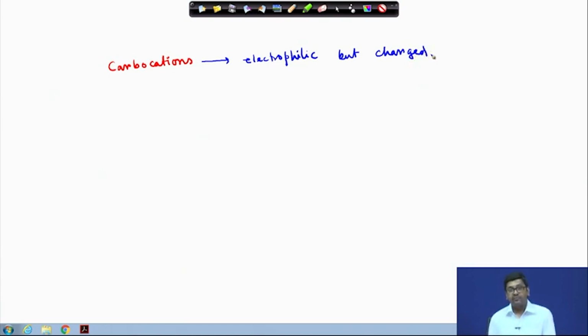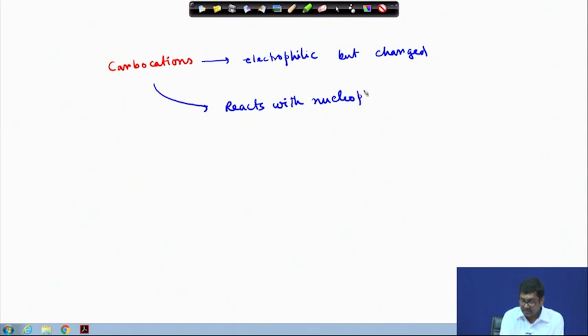So when they react with nucleophiles, they react especially with those nucleophiles which have high charge density. These carbocations react with nucleophiles having high charge density.